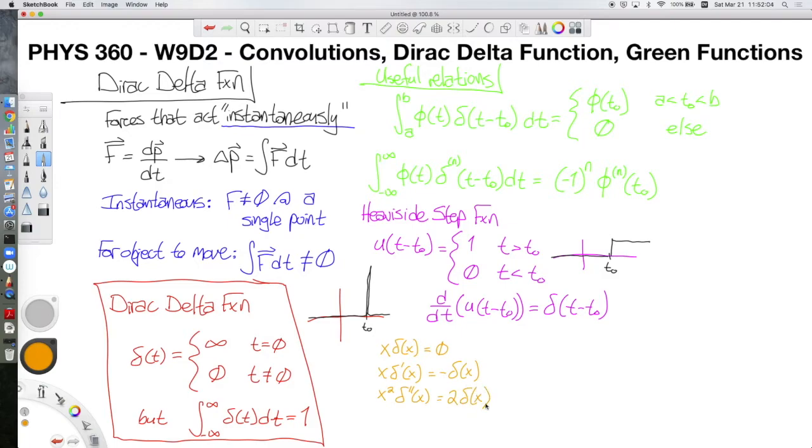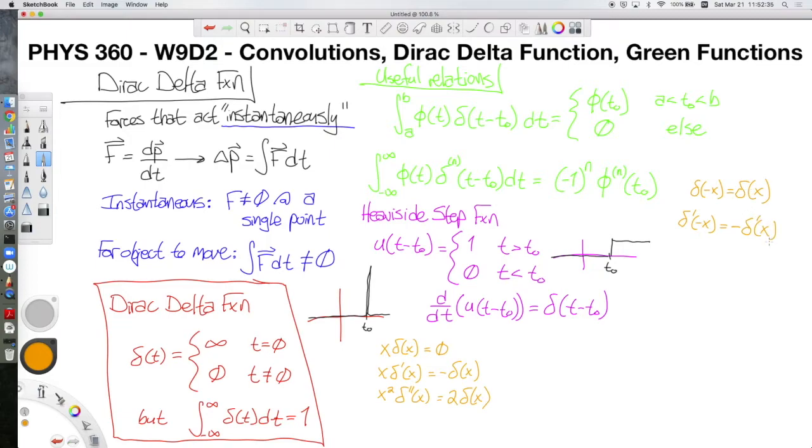There are also some random identities that might be useful. One is that it doesn't make a difference if you multiply the interior of your delta function by -1. You don't change the value. But for derivatives of the delta function, at least for odd-numbered derivatives, you do pick up a negative.